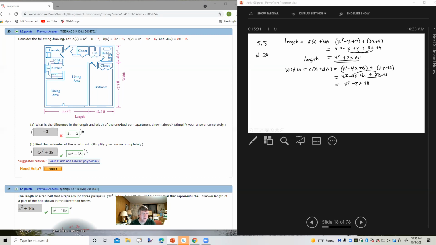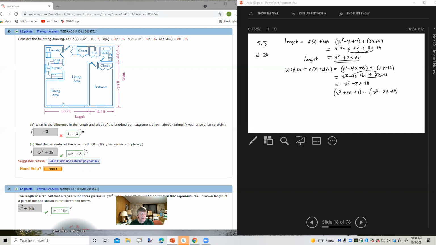Okay. It says, what is the difference of the length and width? So we're going to take the length, which is x squared plus 2x plus 11, minus the width, which is x squared minus 2x plus 8. Notice that I grouped both polynomials.